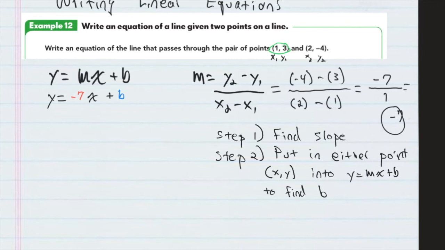So let's fill in what we have. We have 3 equals -7 times 1 plus b. And I keep going. 3 equals -7 plus b. Add 7 to both sides.